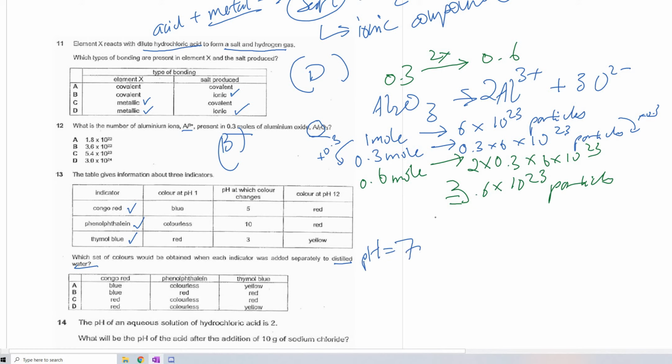From Congo red, because we have passed pH 5, it will have the color red. For phenolphthalein, we have not passed the pH 10, because pH 7 is over here. It must have colorless color.